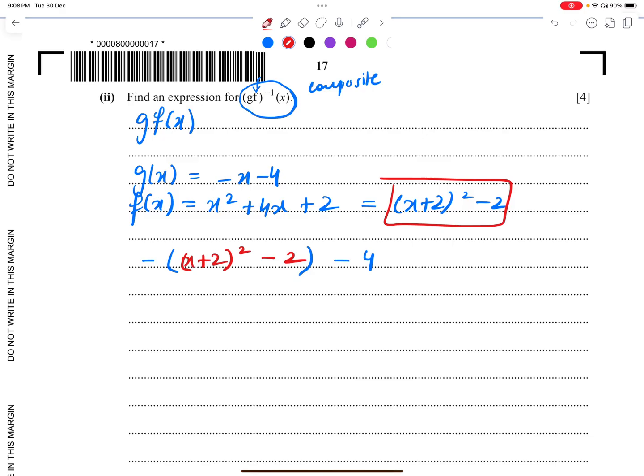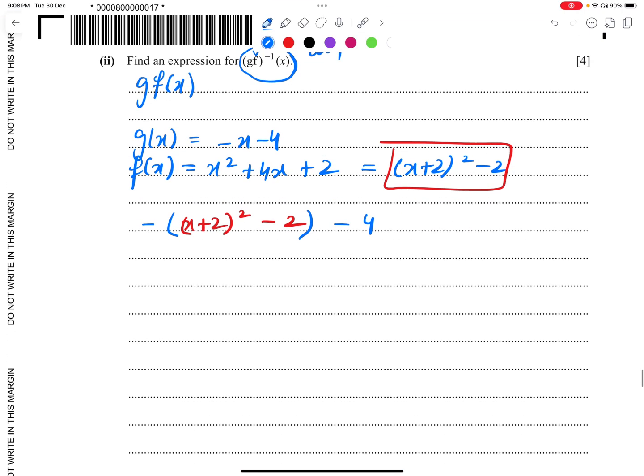Now, I can simply start expanding this. This gives me an expression for g of f of x. Now I basically need to figure out the inverse of this expression. So I can say negative x plus 2 whole square minus 2 is equal to y.